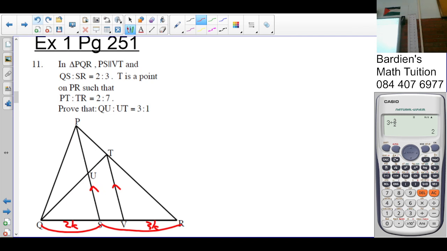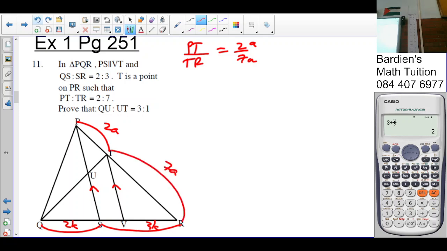T is a point on PR such that PT is to TR as 2 is to 7. So what do I want to put here? An A. It's A over A. PT is 2A, TR 7A. You will agree with that? So what is the length of PR? 9A. You will agree with that? Right.